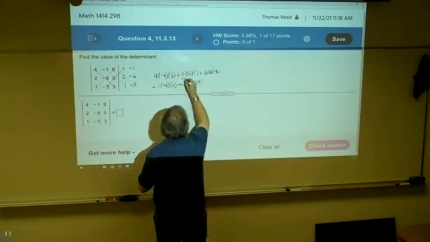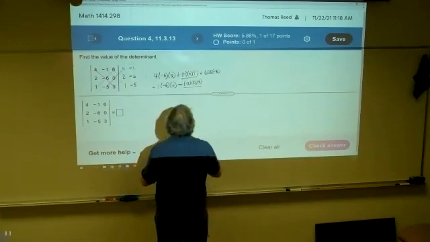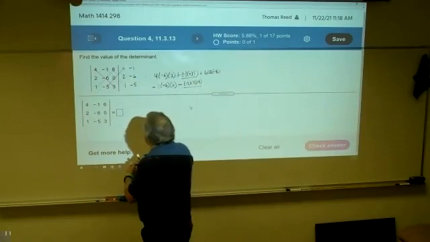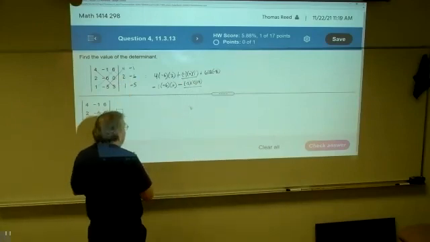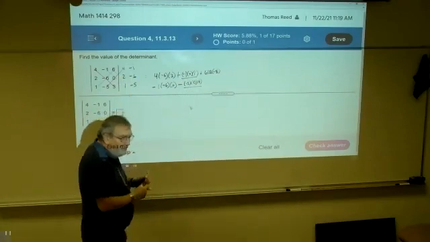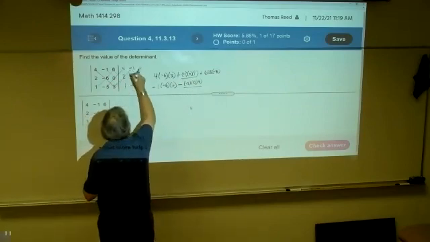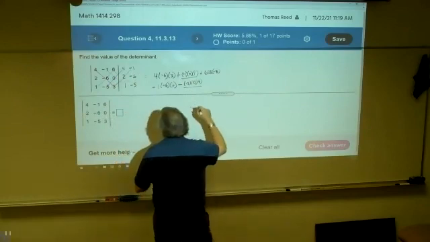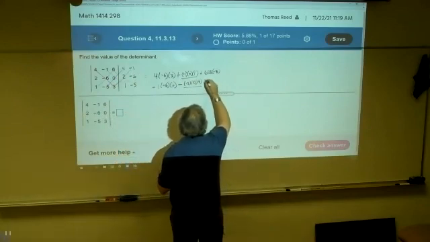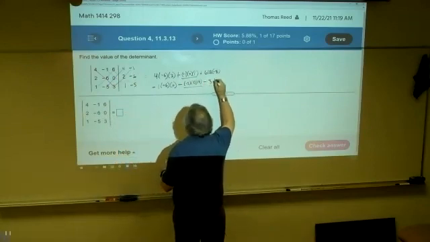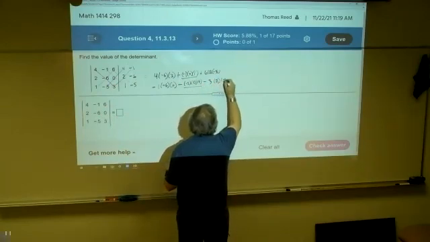So this one's going to disappear because I'm multiplying by the 0 in there. But I write it down anyway, so I know I'm not forgetting anything. And then the product here, that's going to be -3 times 2 times -1.